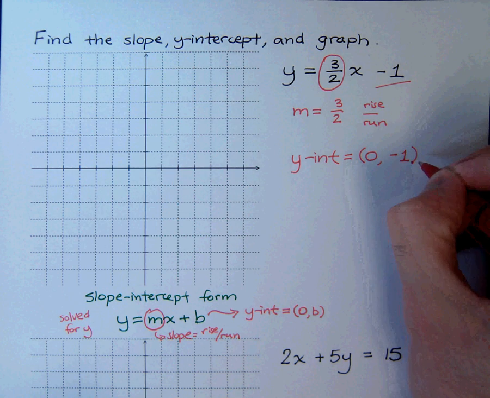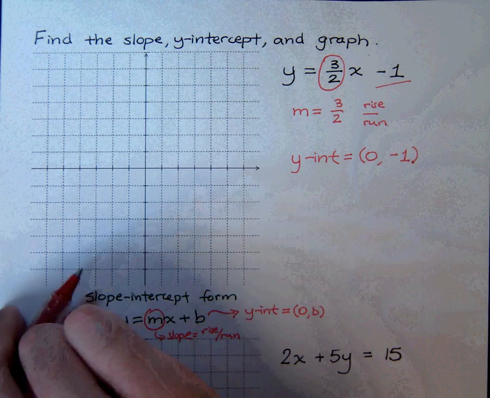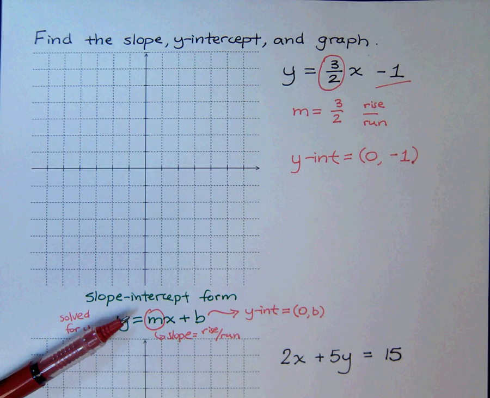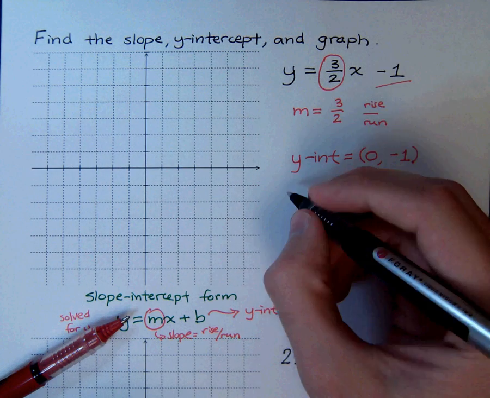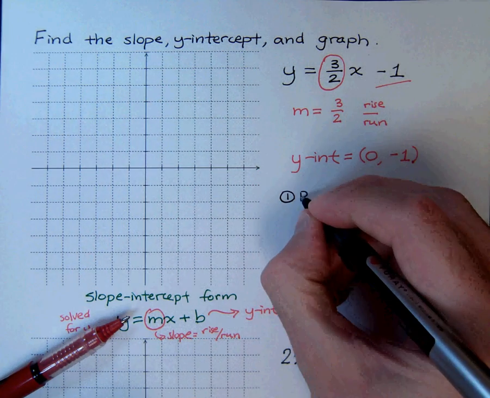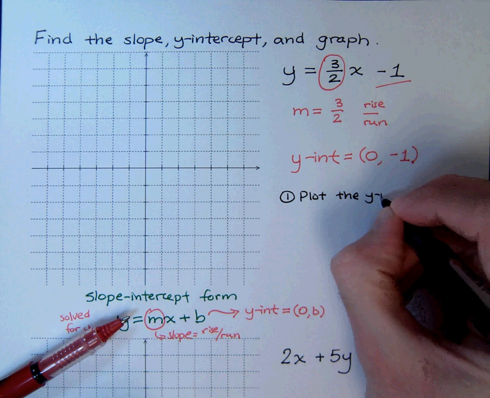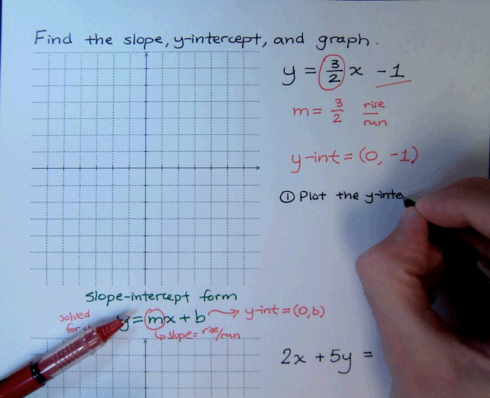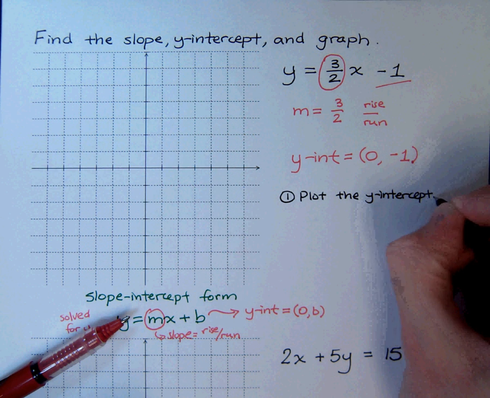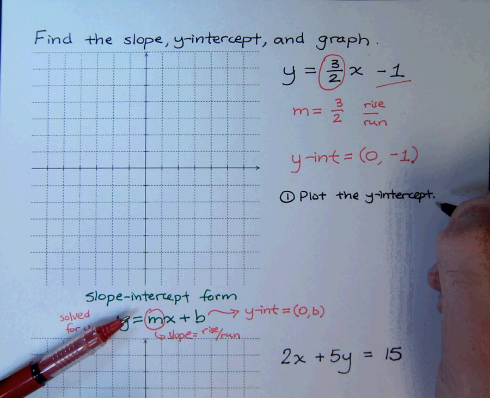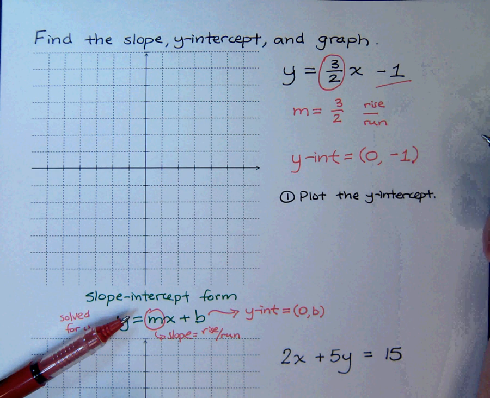Now, remember, if we're going to be graphing using the slope and the y-intercept, we have to make sure we use the right one first. The first step, of course, is to plot the y-intercept. You have to plot the y-intercept because you have to know where you're going to start. If you're going to be giving somebody directions somewhere, you can't just tell them how to go, you have to know where they're coming from.